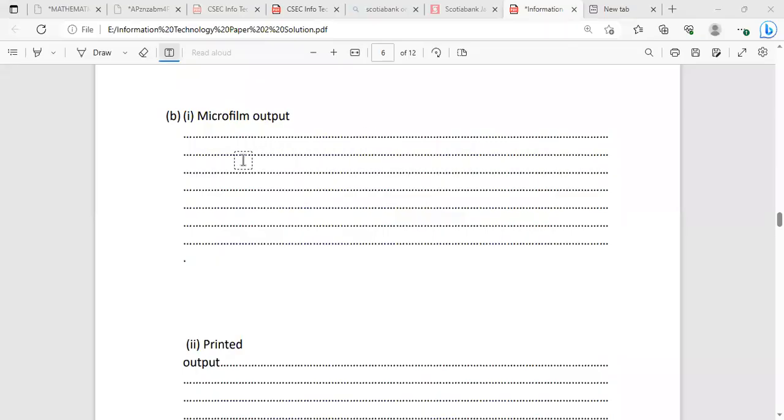All right, so our next pair is microfilm output versus the printed output.